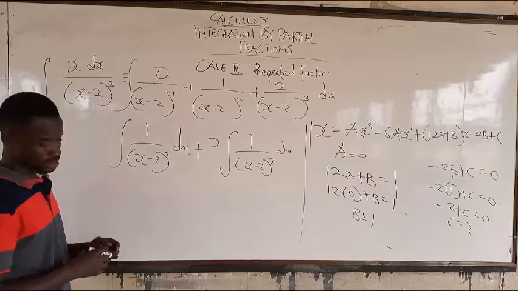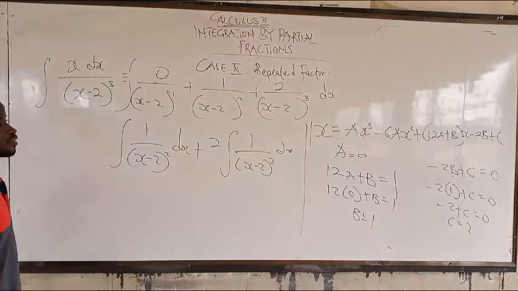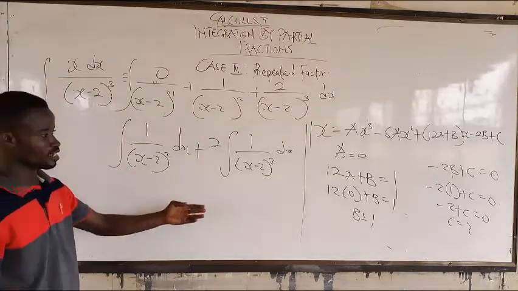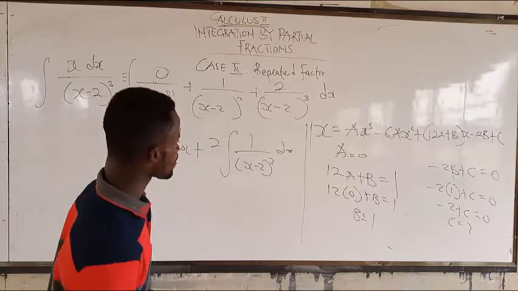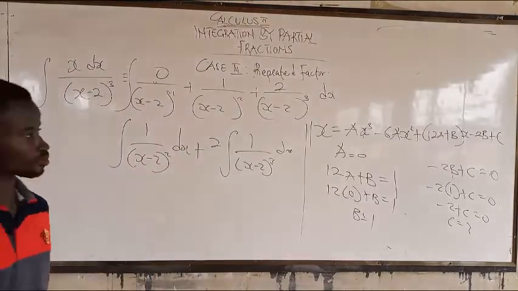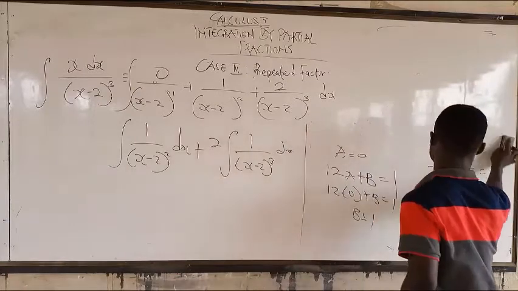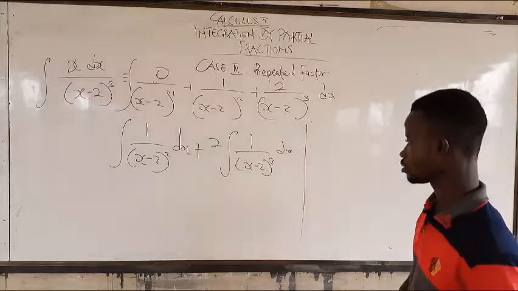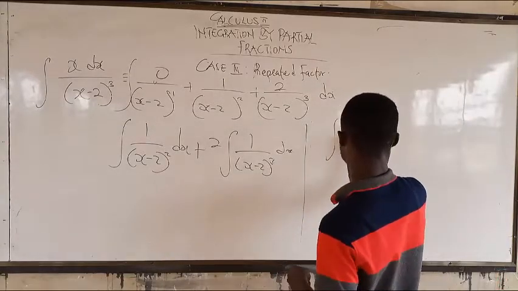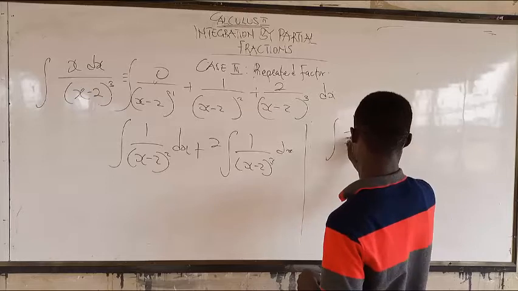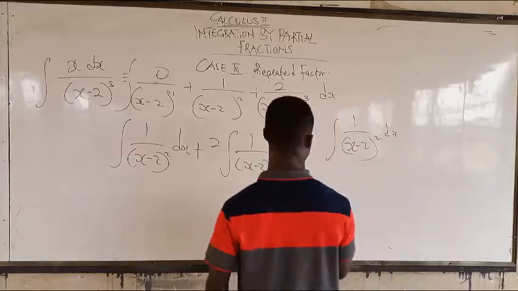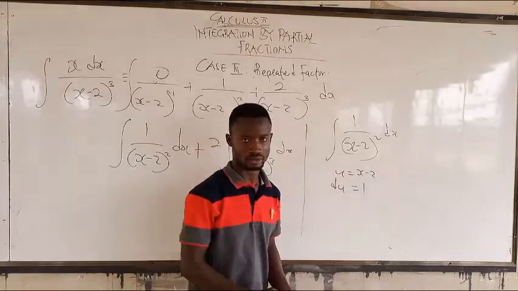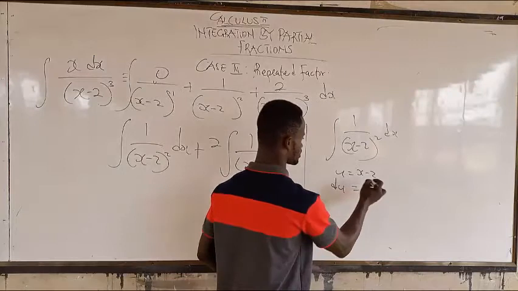So now you can see, everything now is simple. You are left to integrate this, and that is all. And how do we integrate that? I would like to do that here. So you set u to be equal to s minus 2. Then du is equal to ds.